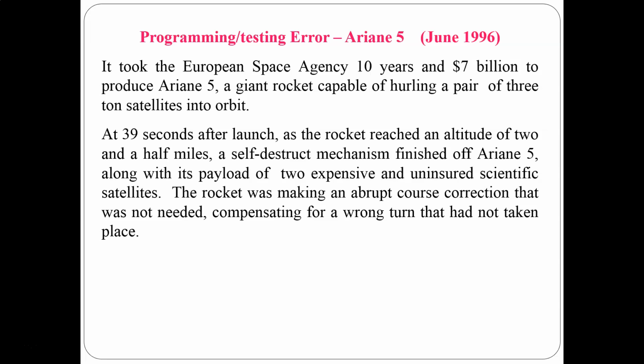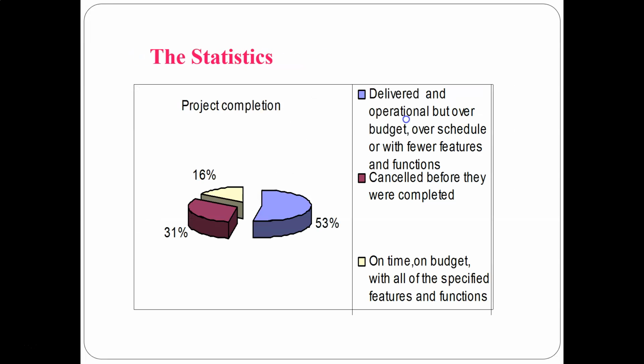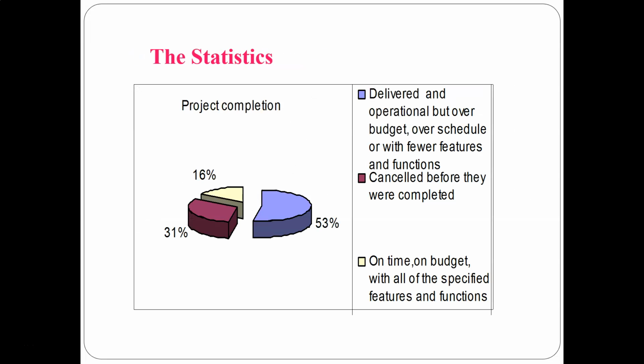Here the reason is a programming and testing error. The cause is control by the onboard computer, which mistakenly threw the rocket off course because of the numbers. So it is a programming error.